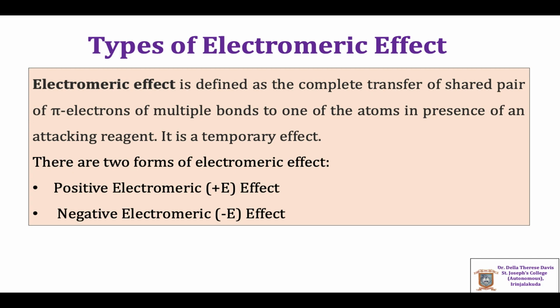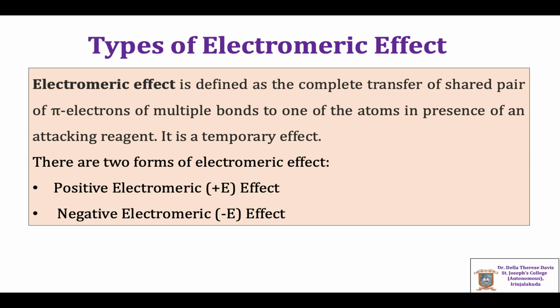In electromeric effect, there should be a pi bond, and in the presence of an attacking reagent, there is a temporary shift, which is a complete transfer of a shared pair of electrons to one of the atoms sharing the double bond. There are two forms of electromeric effect, positive electromeric effect and negative electromeric effect.